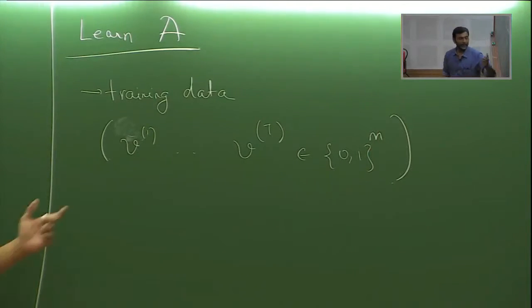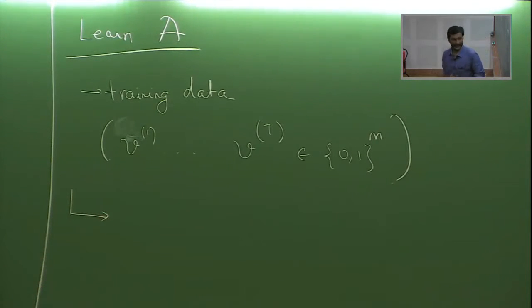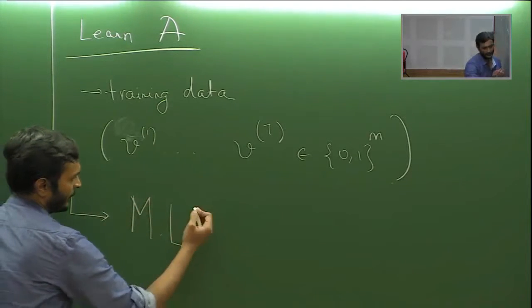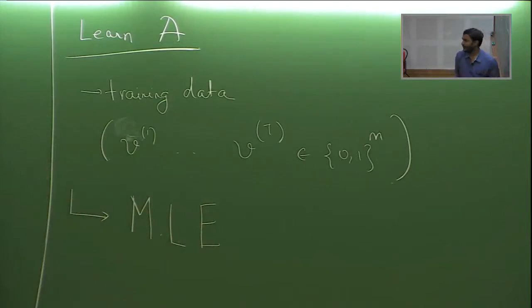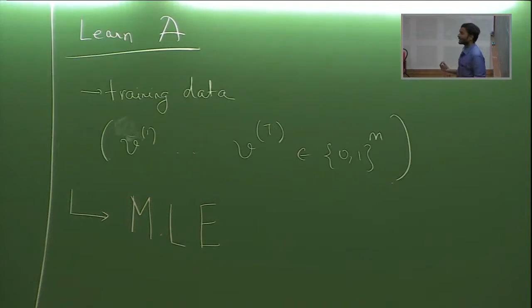Okay? I will not describe the complete algorithm to train, but it's going to just use maximum likelihood estimation. What does that mean? We have a bunch of parameters that we want to understand. So given these V1 to Vt, which of these thetas is the most likely theta?